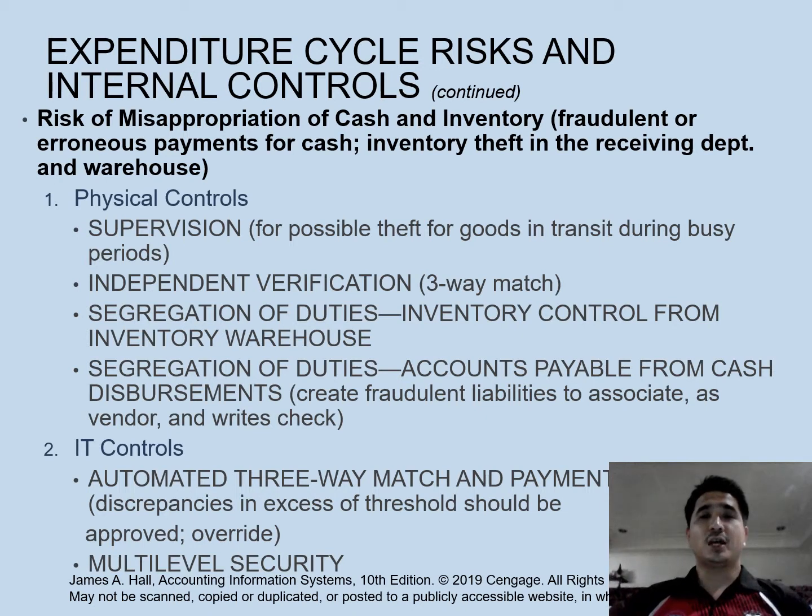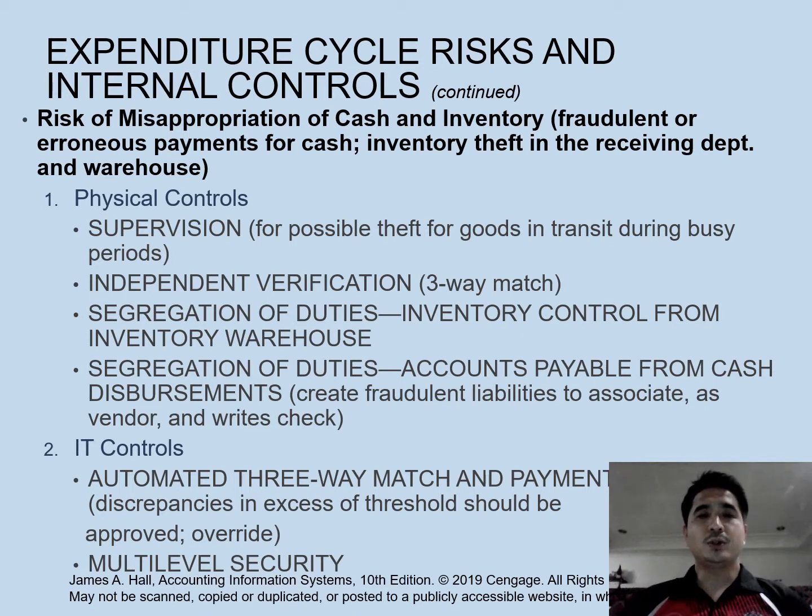For fraudulent transactions, number one is paying individuals posing as vendors, or paying unauthorized or invalid vendors. Again, as for the inventory, it's theft in the receiving department and warehouse, when the goods are received and transferred to the warehouse.